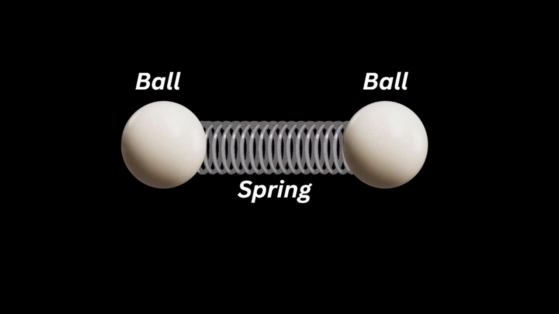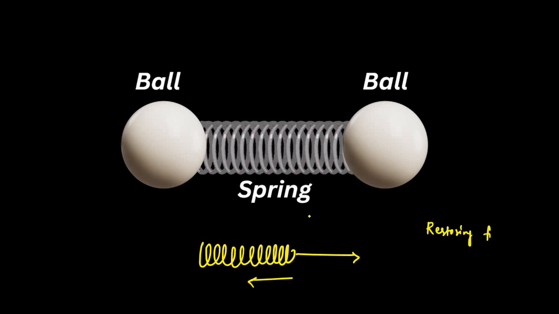Now we know the basic behavior of a spring. A spring has a certain undisturbed equilibrium position. When the spring is stretched or compressed, it always tries to return back to its original stable position, and the force which helps it do that is called the restoring force.